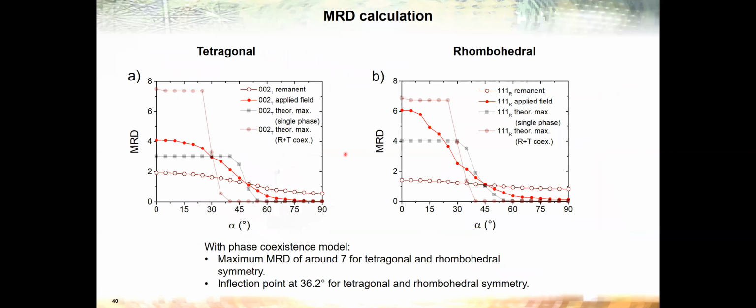And so we can calculate the maximum theoretical MRD for phase coexistence, and then we end up with more than 7 for tetragonal, and for rhombohedral about 7. Our refined values lie well within these boundaries, and we can say that there's no contradiction to the theory. So this means with phase coexistence you have different results than when you look at single phase materials.